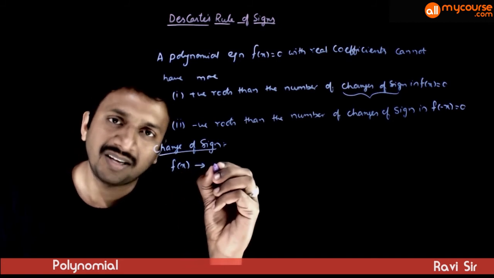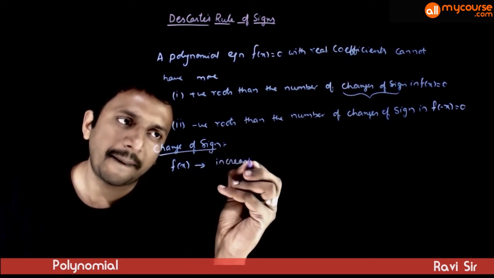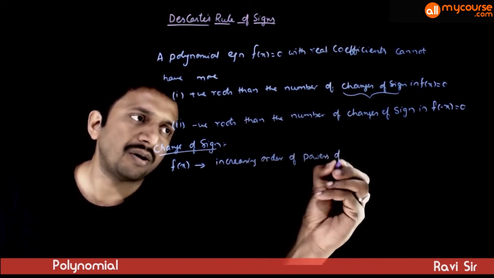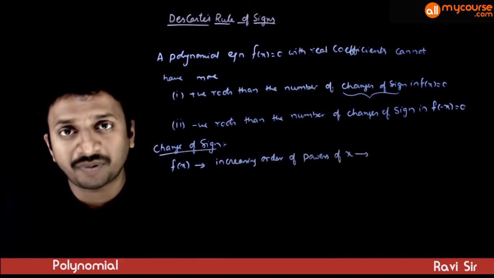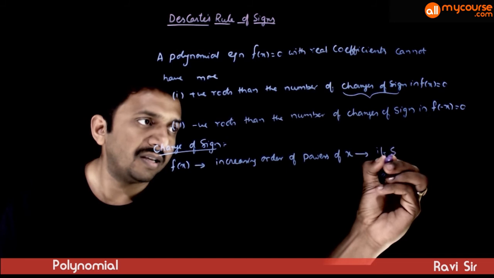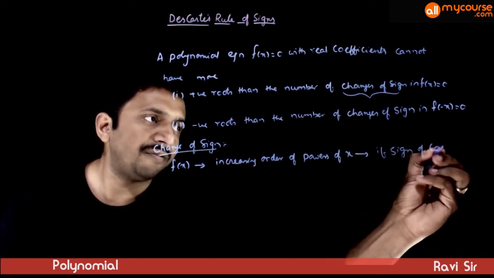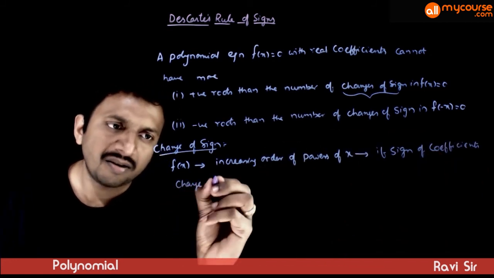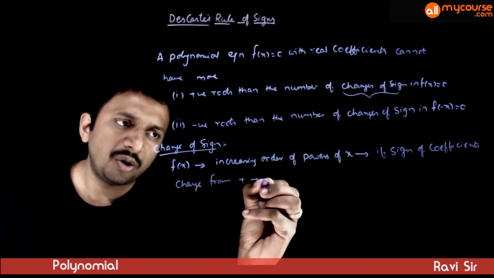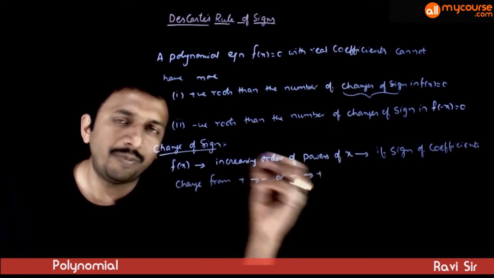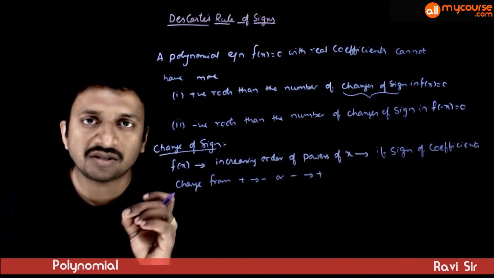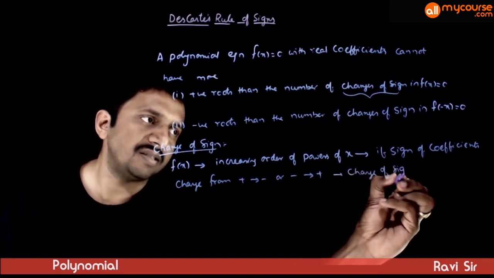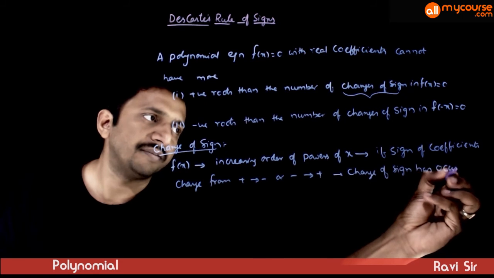If you write f of x in increasing order of powers of x, if the sign of coefficients change from plus to minus or minus to plus, then we say that a change of sign has occurred.